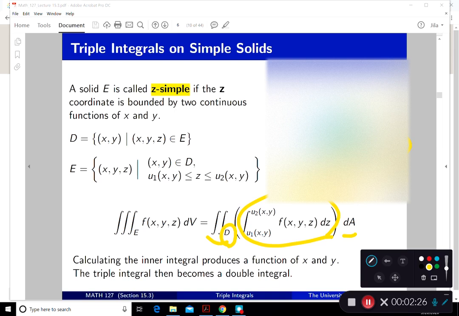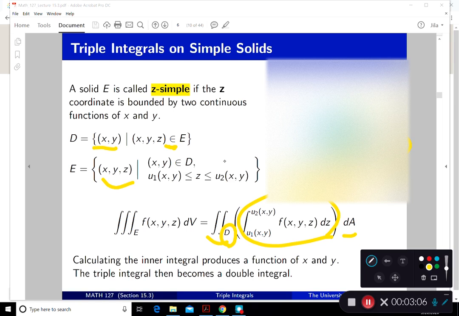So there are a few notations in here I want to mention. This means belong to. That means x, y, z belong to the solid E. In here, when I'm talking about domain D, then it's x and y values such that x, y, and z belong to E. And so the other way of writing the solid is x, y, z such that x and y is in the domain, the outer domain, and z is between the u1 and u2 of x and y.